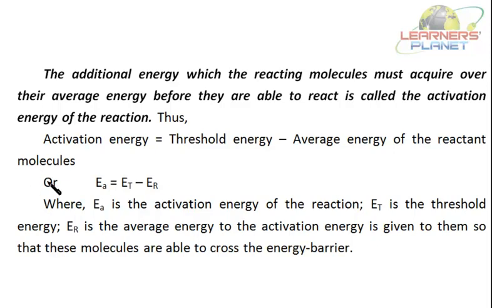Now with a 10-degree rise in temperature, this fraction of molecules possessing threshold energy gets doubled or even tripled at times. That is why the rate of reaction doubles with a 10 Kelvin rise in temperature or 10-degree rise in temperature. The additional energy which the reacting molecules must acquire over their average energy before they are able to react is called the activation energy of the reactants.